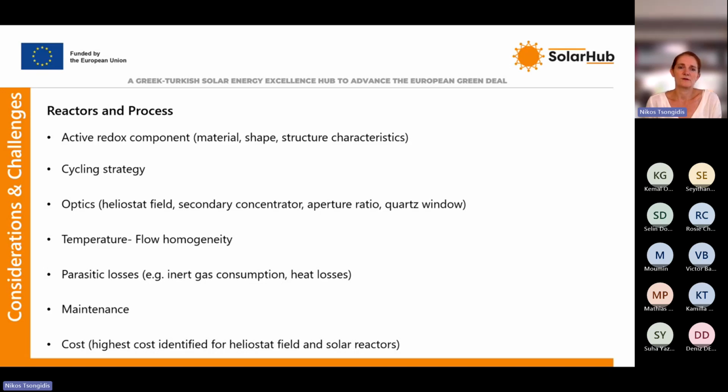While also the maintenance needs on the solar platform are very important. And finally, the actual cost that is mainly identified to derive from the heliostat field, as well as the solar reactors.